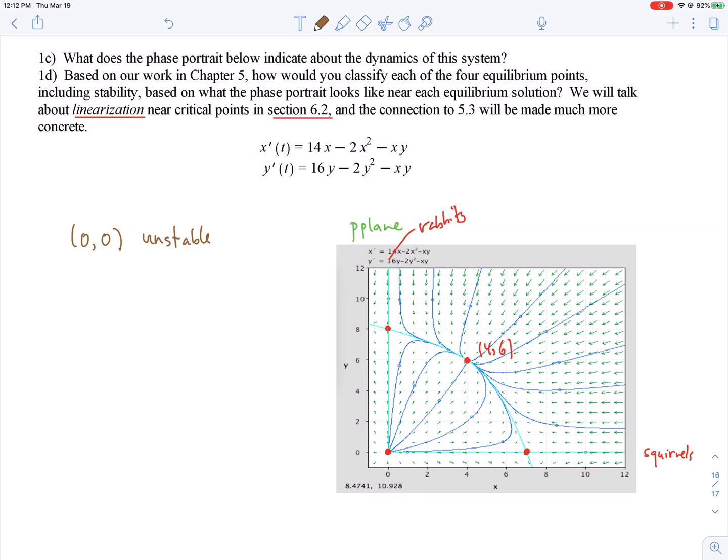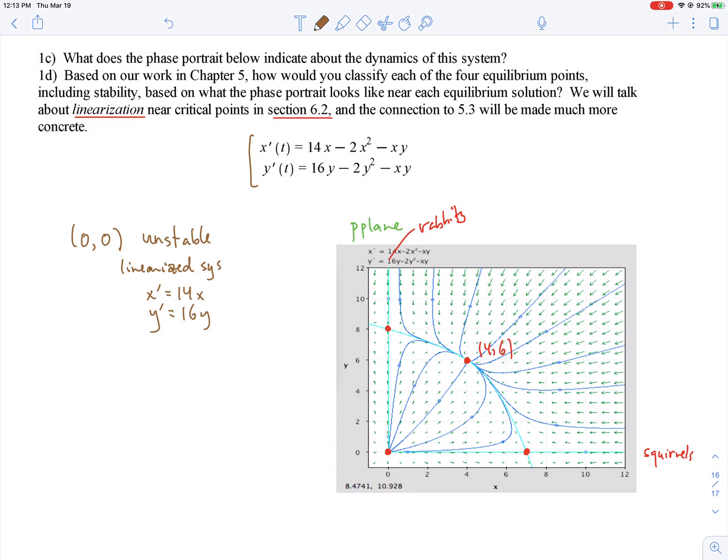And in fact, near the origin, the x and the y are small. So if you look at the system, if you throw away the quadratic term, you get the linearized system. X prime equals 14x, y prime equals 16y, and both x and y grow exponentially as soon as they're positive.